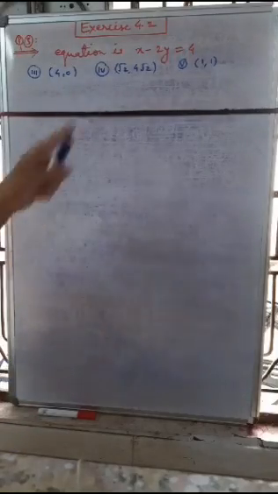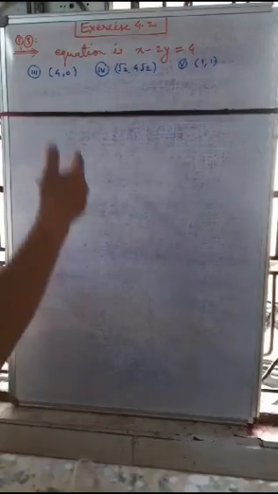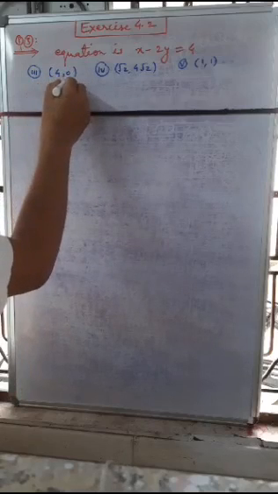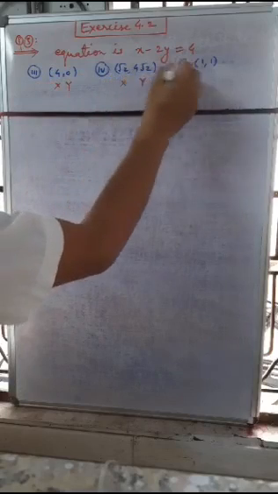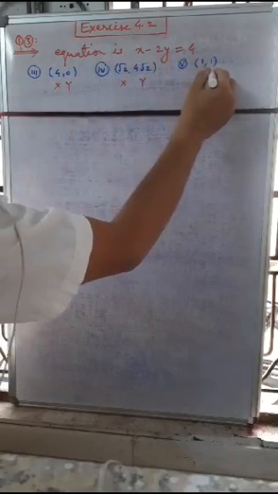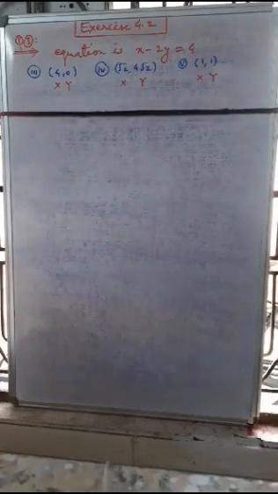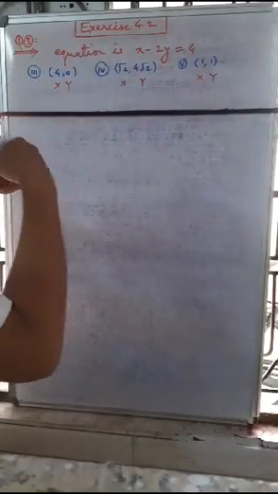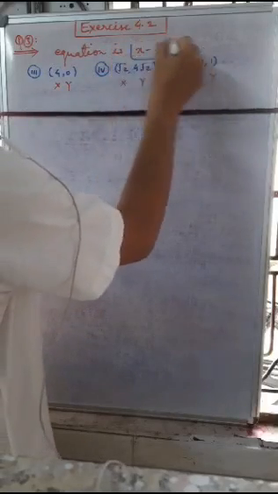We check whether they are solutions of the given equation or not. How to check? The first value belongs to x, and the second value belongs to y. So in the equation I will put these values one by one to check whether it is a solution or not.